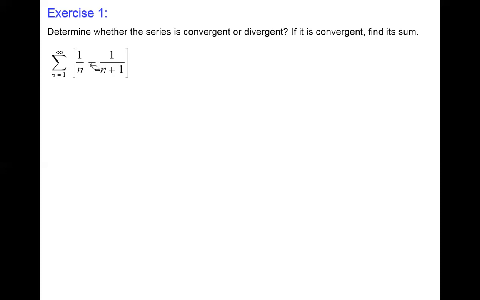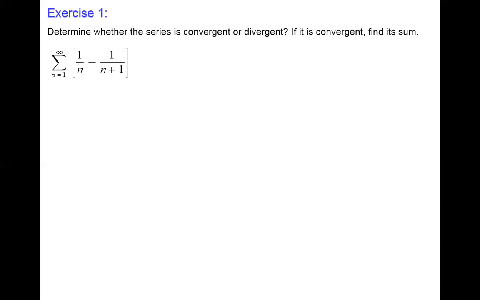Seeing this difference is one of the ways to recognize that this is possibly a telescoping series, because we see the difference between two consecutive terms, 1 over n and the next one, 1 over n plus 1. Okay? That means it will probably be easy to find a partial sum and check how this partial sum behaves at infinity.